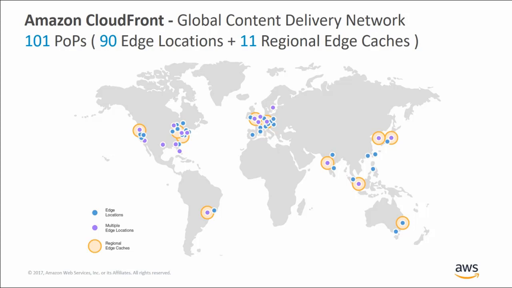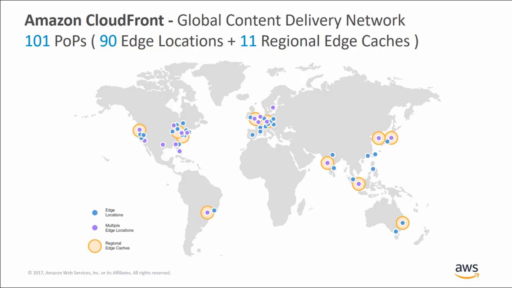Now, what is a POP? A POP is made up of two things. We have edge locations, and we have regional edge caches. So we have today 90 edge locations, which are data centers where CloudFront has presence today. And they're globally distributed across the world. If you look at the map here, the small blue dots, where the blue and the purple indicates edge locations, and we have 90 edge locations today.